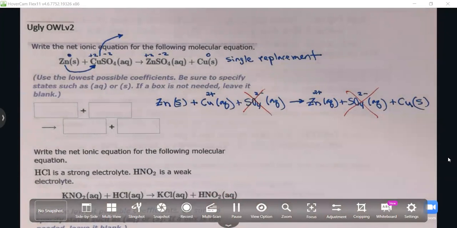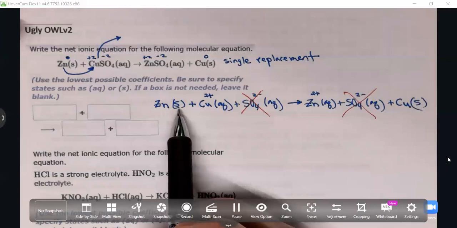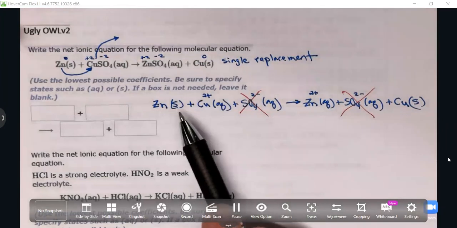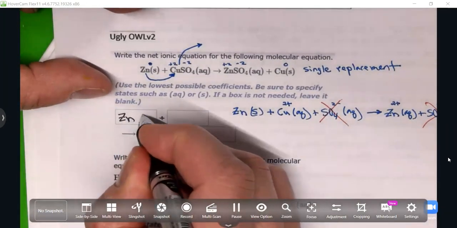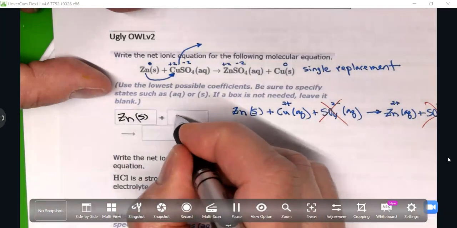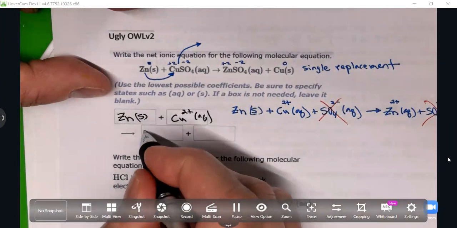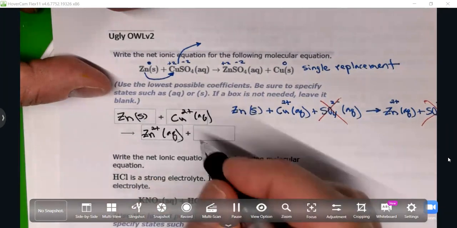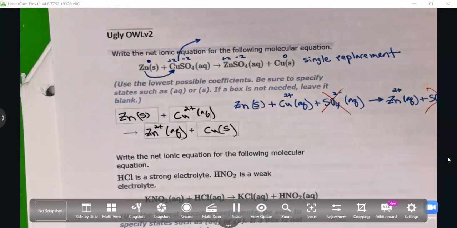So the OWL answer to this is going to be, and they want all of these aqueous and solids in there, because your zinc on this side is a solid, but on this side it's an ion. So OWL's looking for Zn solid plus Cu2 plus aqueous, Zn2 plus aqueous, and Cu solid. That's what OWL is looking for.